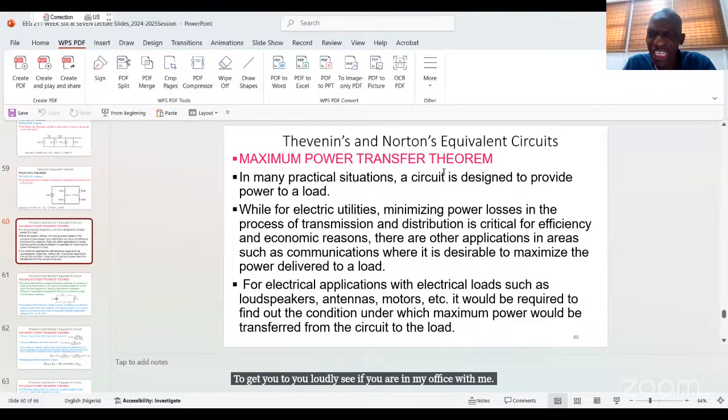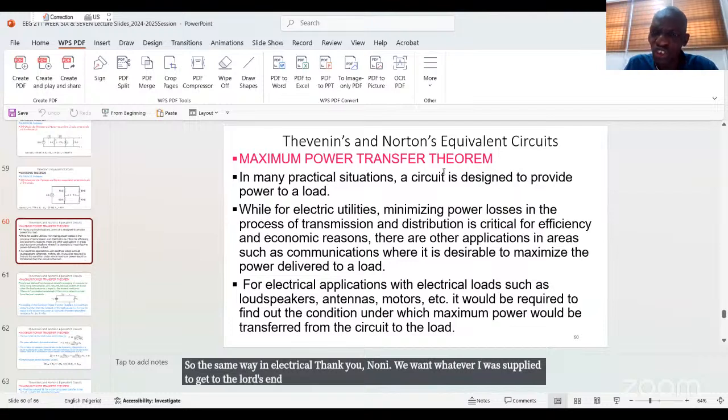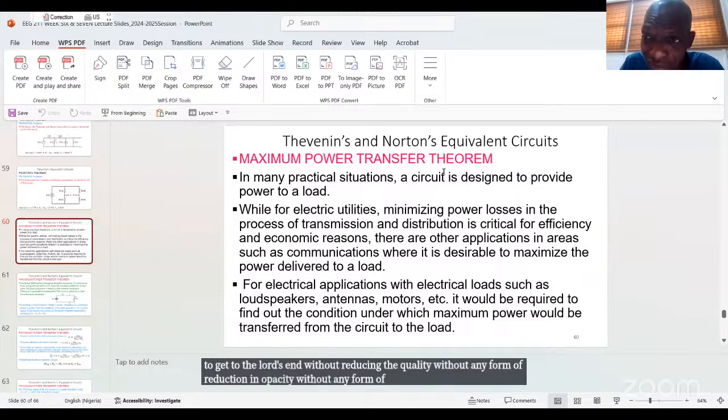So the same way in electrical engineering, we want whatever power supply to get to the load end without any form of reduction in quality, capacity, or quantity.